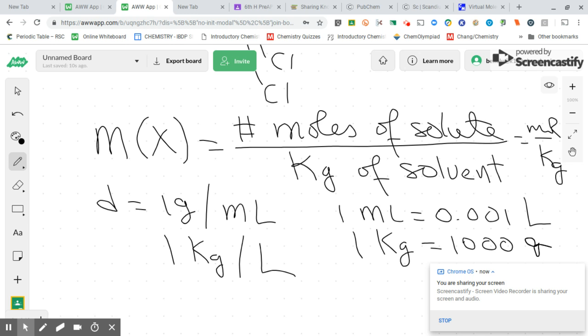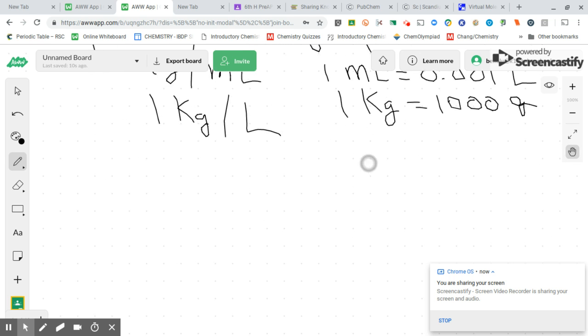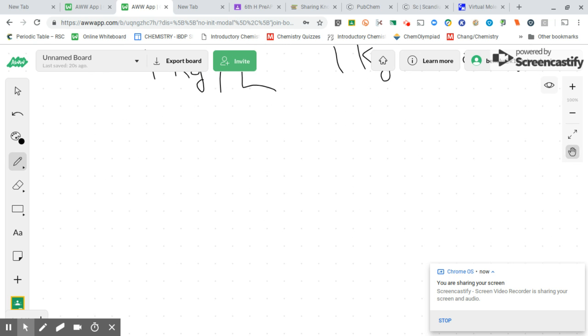And osmotic pressure is the next one. If you remember, yesterday I was talking about when you make a salad, what happens when you add salt.